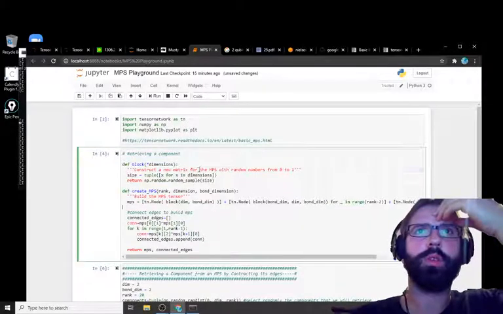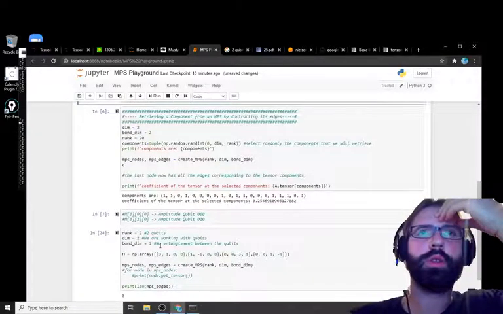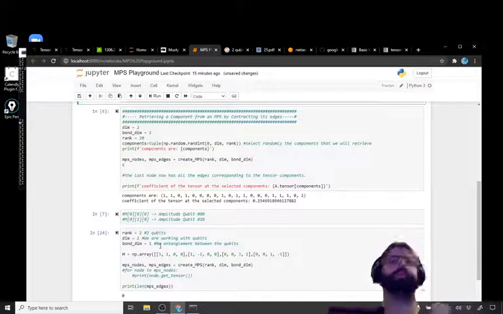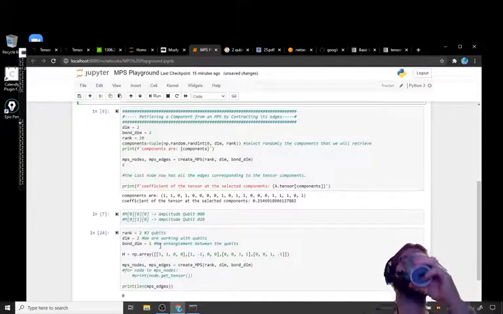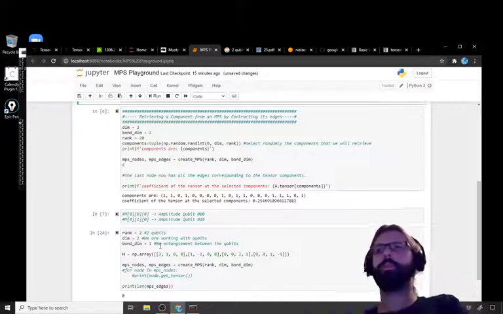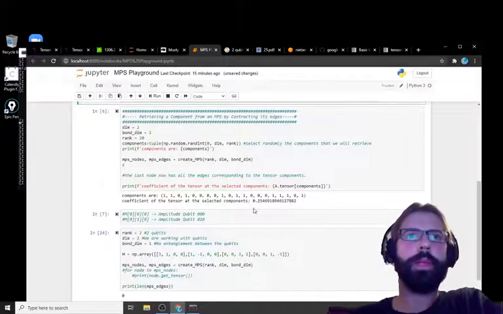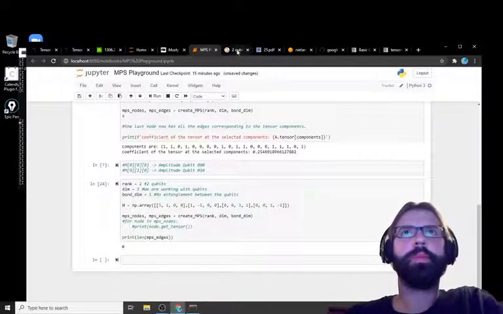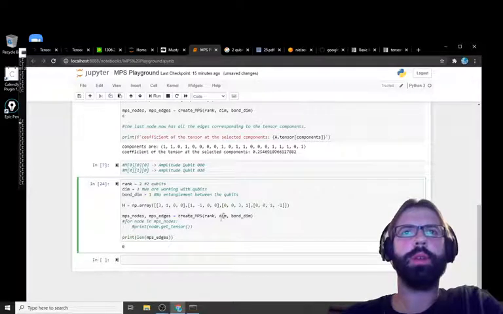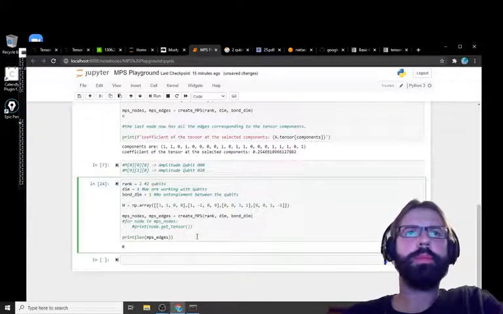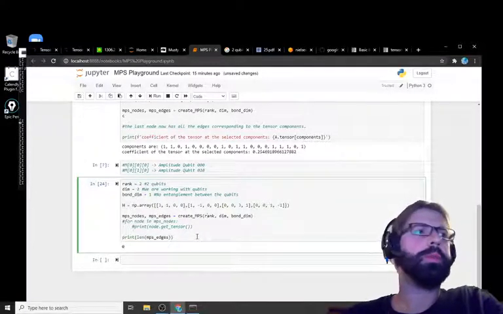Create a new matrix for the MPS with our numbers. Build the MPS tensor. I'm confused now. So what I should create if I'm working with 2 qubits.